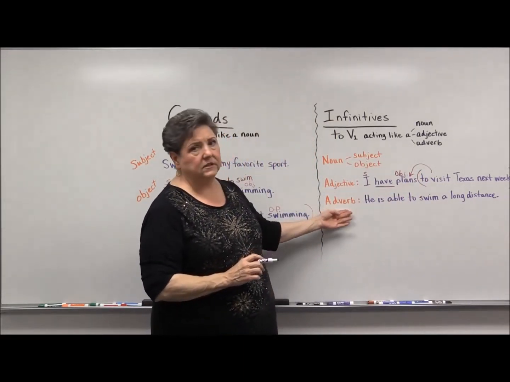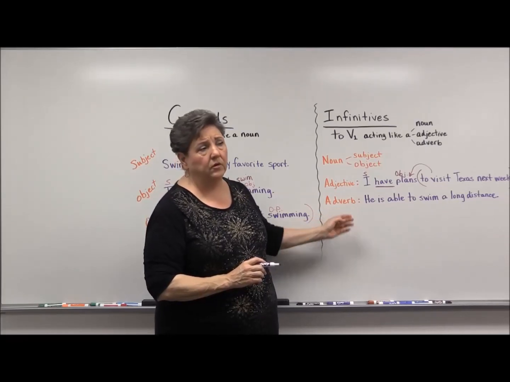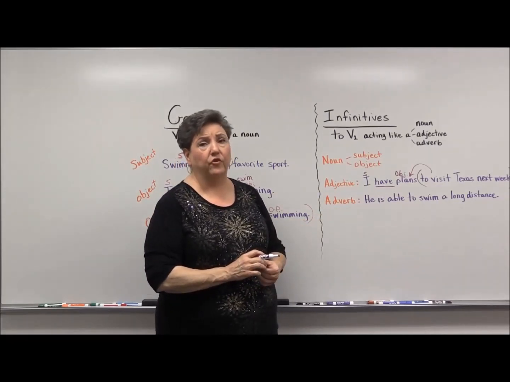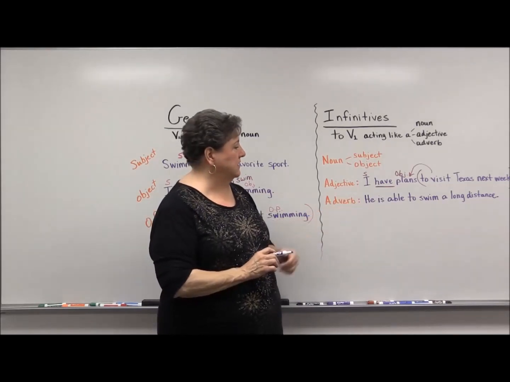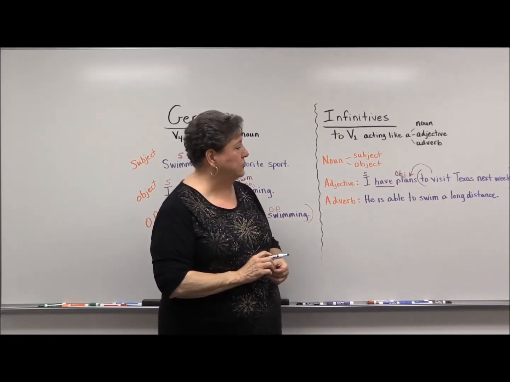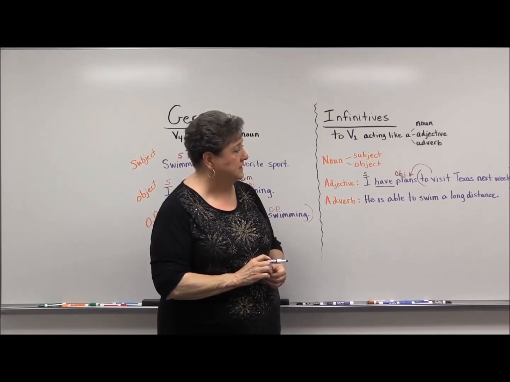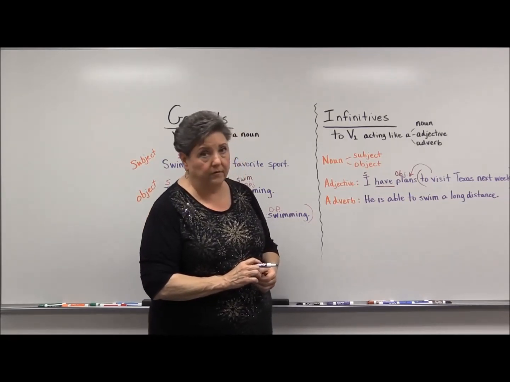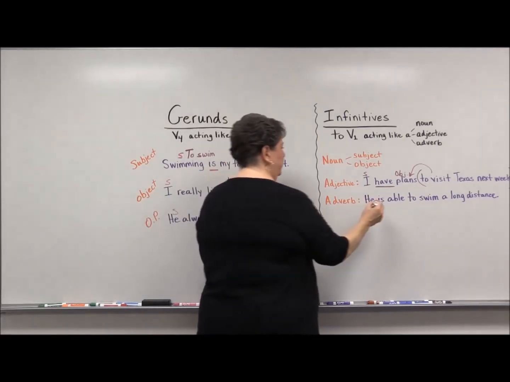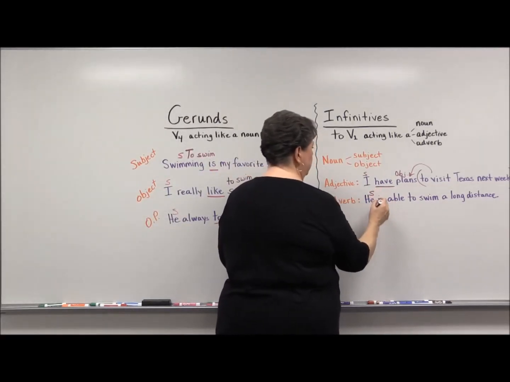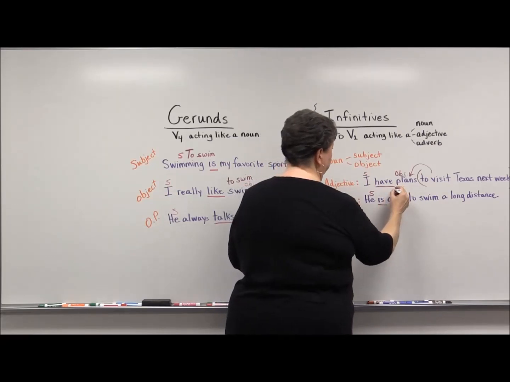Well, let's look at this. Remember what adverbs do? Adverbs can describe verbs, adjectives, or other adverbs. So let's look at this sentence. He is able to swim a long distance. Verb. To swim is not the verb. Is. Who is? He is. What is he? Able.